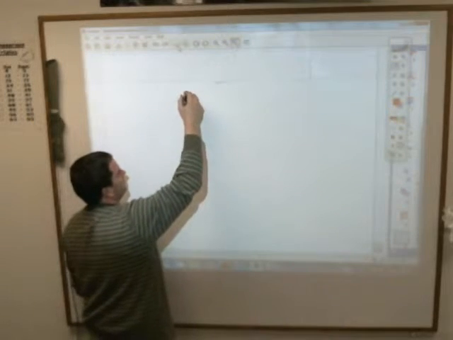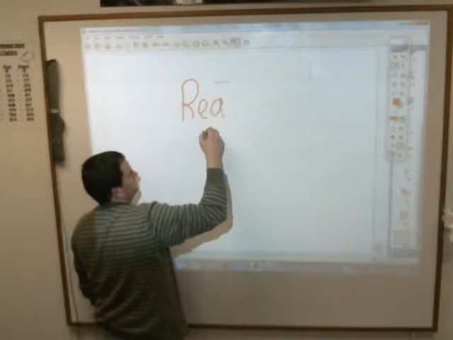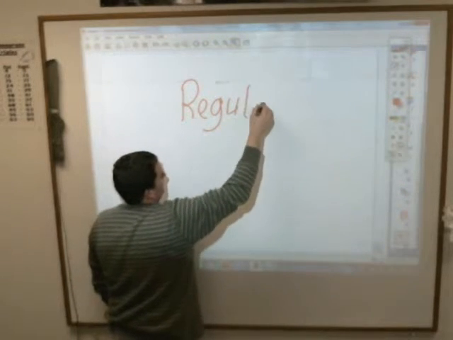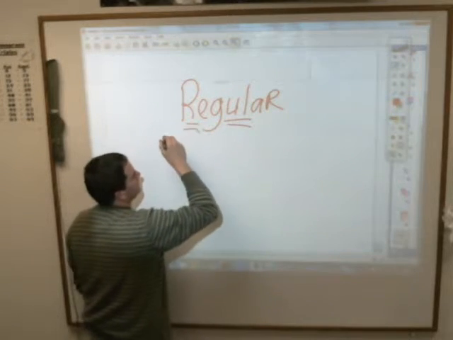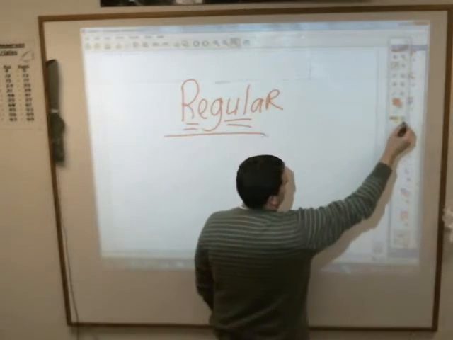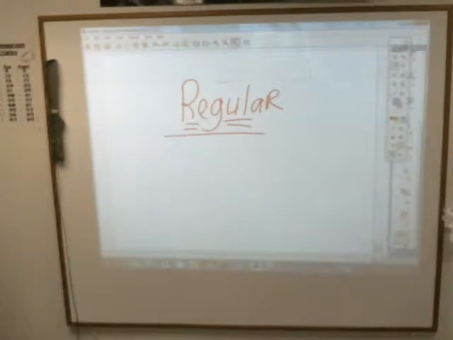Take out a blank piece of paper and write this word here. When talking about polygons, quite often you'll see the word regular.